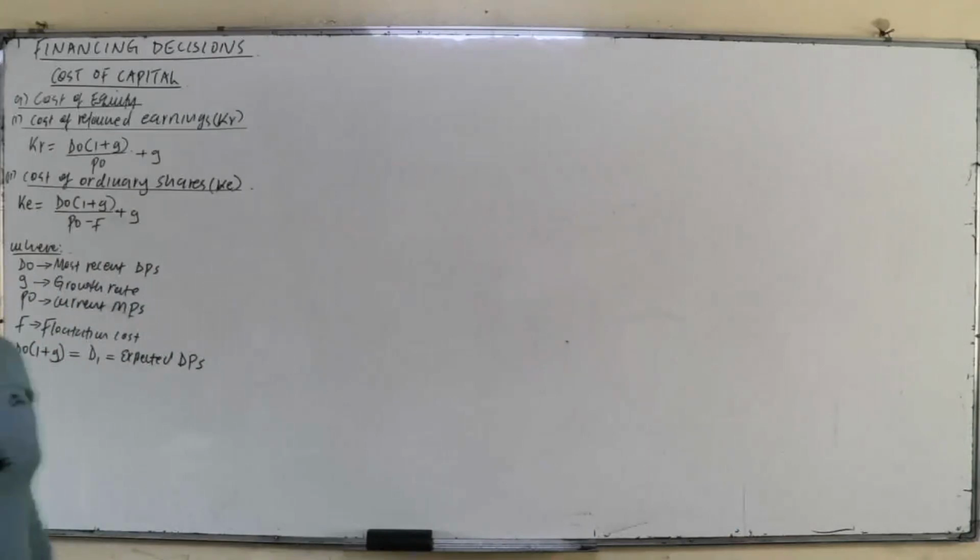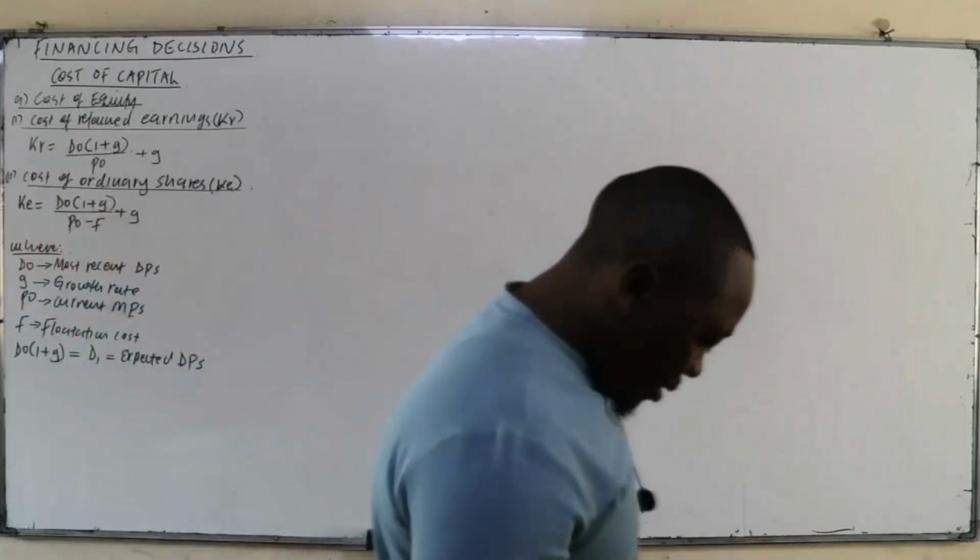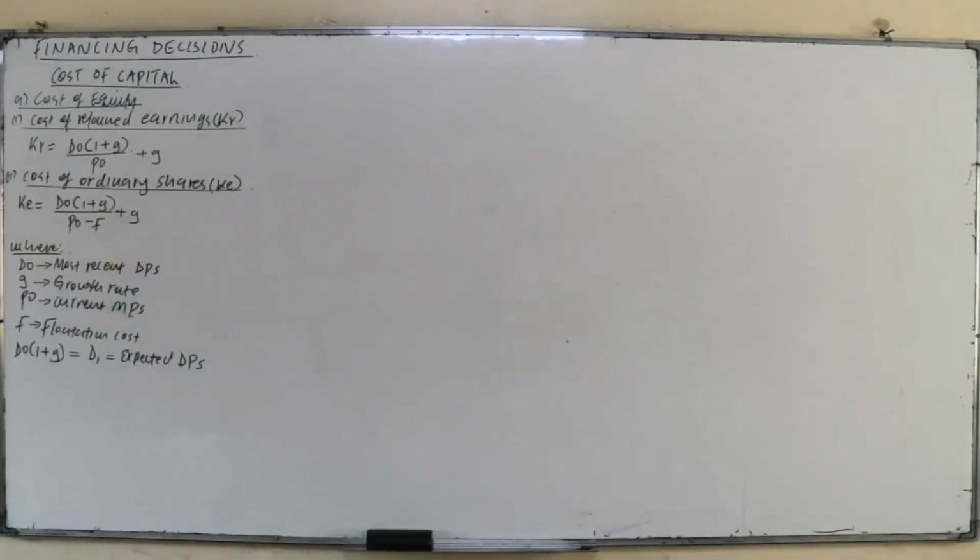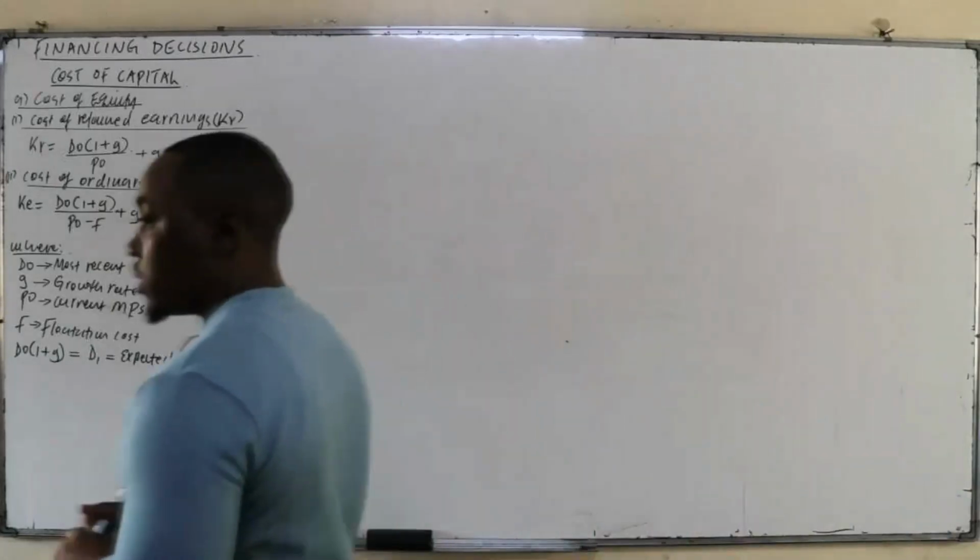When the growth rate is not provided, it can be determined using the following two methods. One is the compounding method.